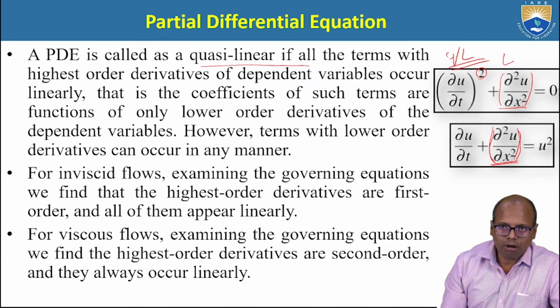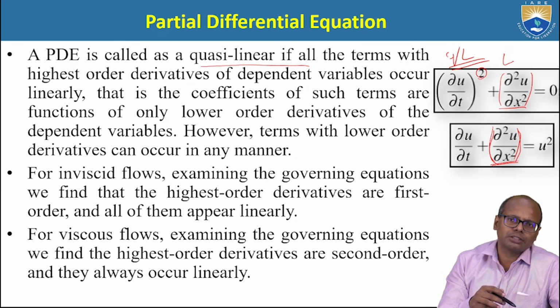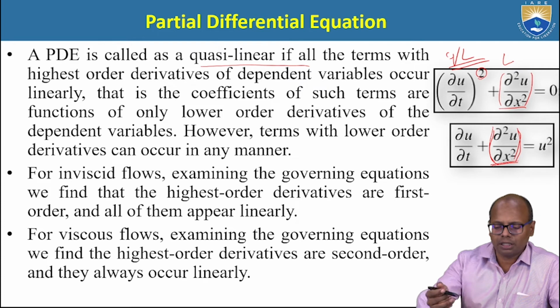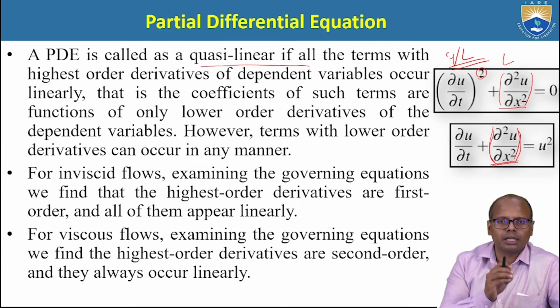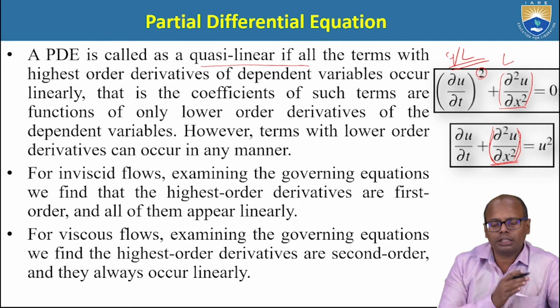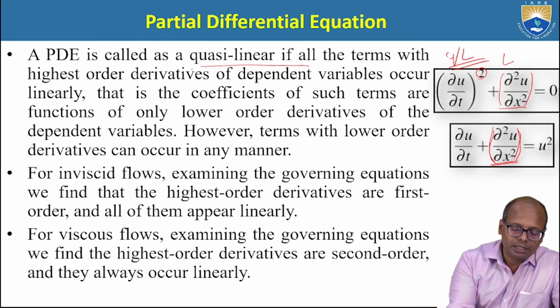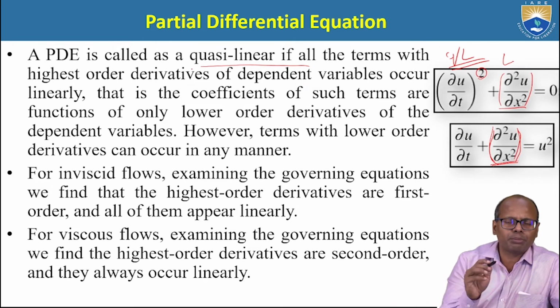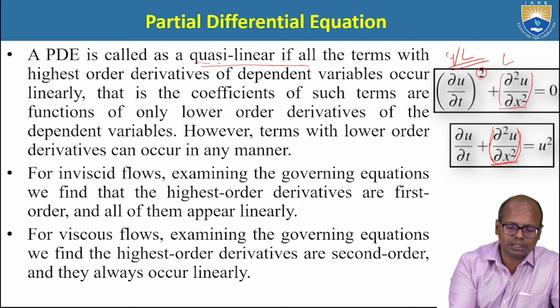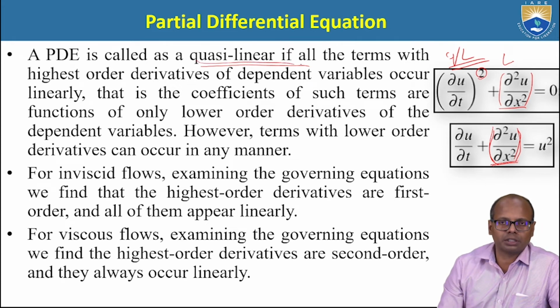So all the linear partial differential equations can be classified as quasi-linear partial differential equations, because in both cases the highest derivative is the linear term, and in a linear partial differential equation all the terms are linear. So if I take any linear partial differential equation, you can say it is a quasi-linear partial differential equation.